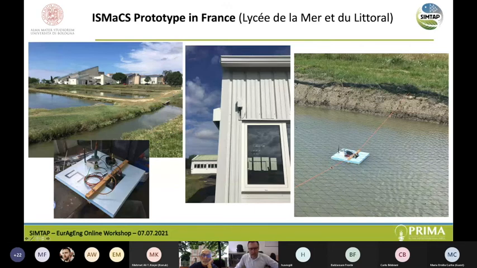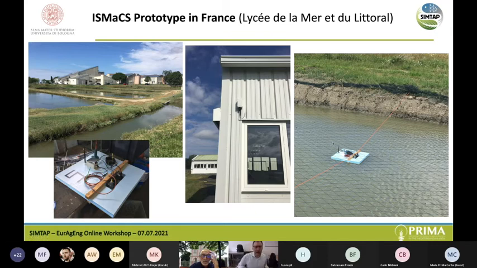So we developed a flexible system able to work off-grid, both for electricity and internet, and it's able to provide real-time data, as Joel was explaining, in each pond to control the system.